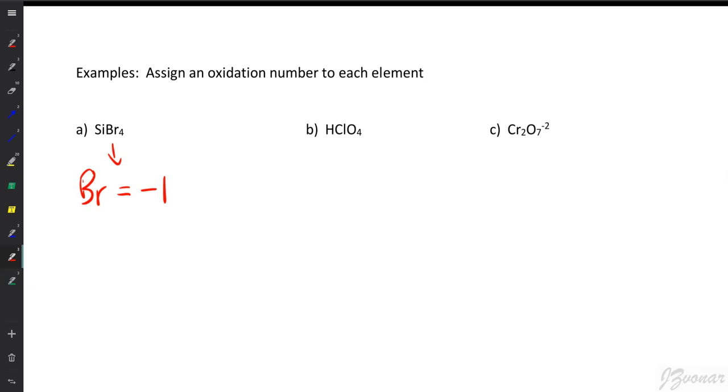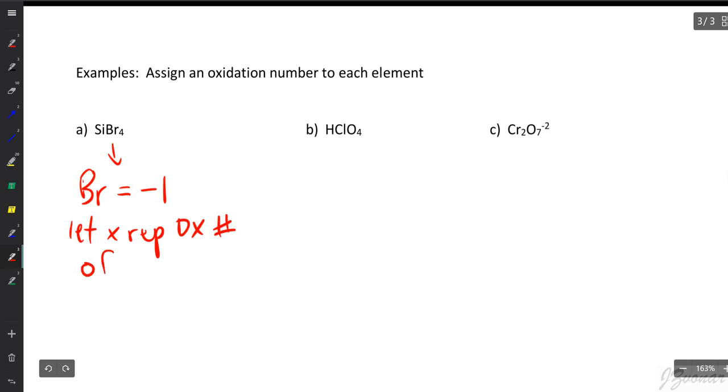Now what we're going to do is we're going to let X represent the oxidation number of silicon. Okay, we're going to let X represent it. And so therefore we've got X plus, there's 4 bromines, each at -1, is going to equal 0.